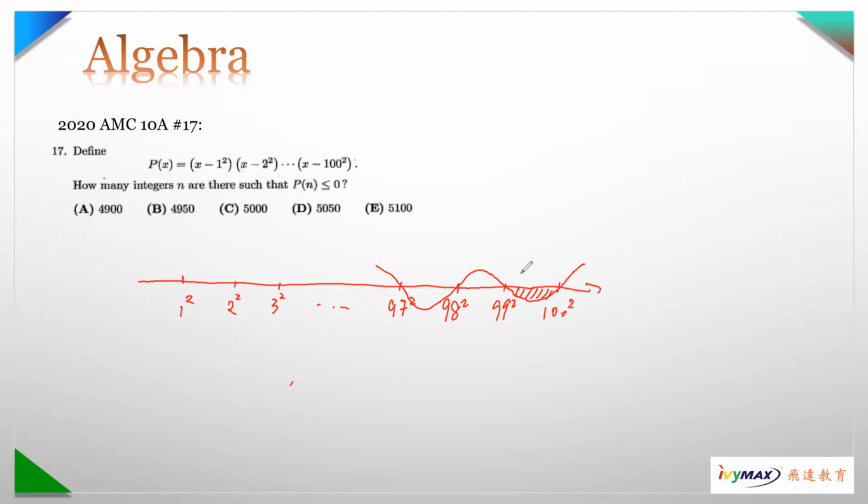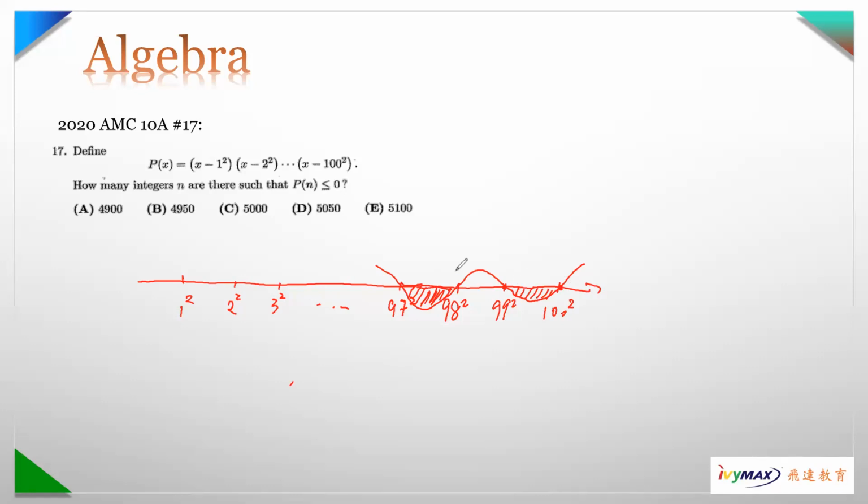Less than or equal to means that the roots should be inclusive. This is the first range of your solution, and this will be the second range of the solution, the shaded part, right? We have a total of 50 of those ranges.